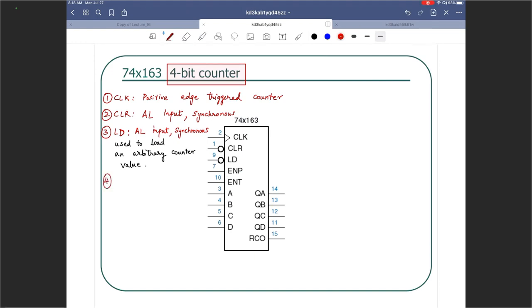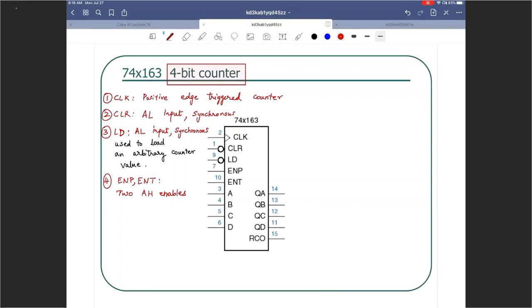Well, I can combine ENP and ENT. Those are my 2 active high enable signals. We are using 2 of them because it allows us to gain more control over the cascading of such chips.